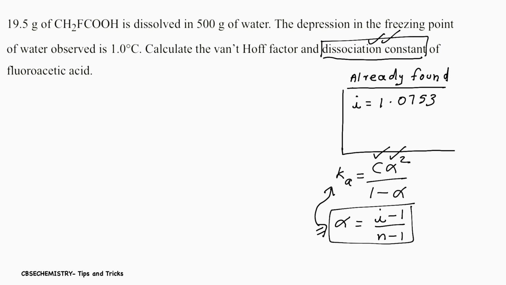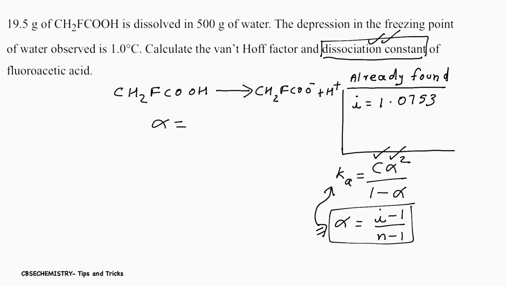So our first task is finding alpha. For that purpose, write the ionization step of fluoroacetic acid. CH2FCOOH undergoes ionization or dissociation to give CH2FCOO minus plus H plus. What is alpha?